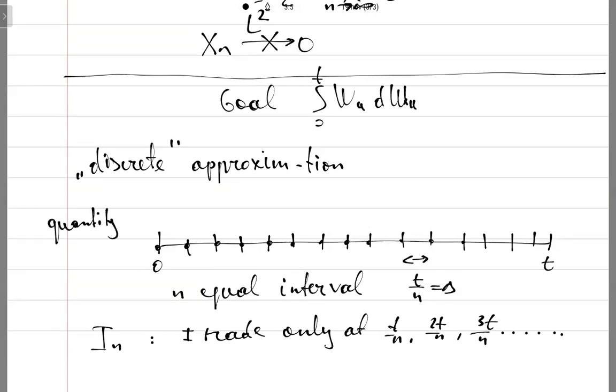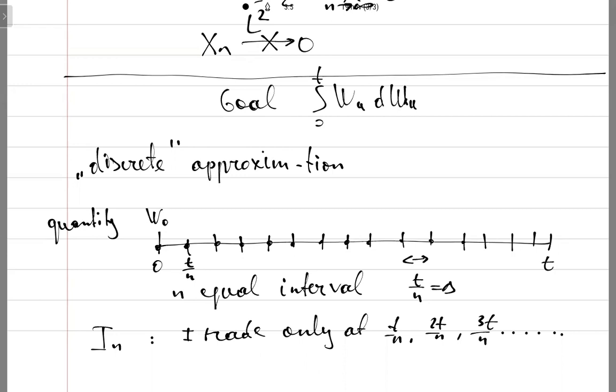When I start, the price is W0, and I should have W0 cups. When the moment of time is t over n, how many cups should I have? Wt over n.